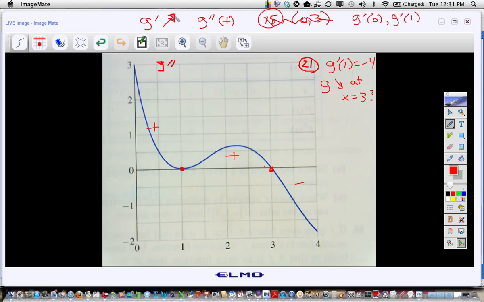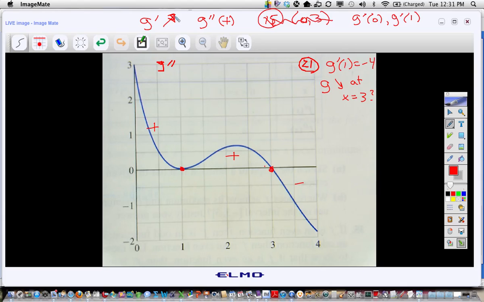Increasing, straight from the chart. Since G double prime is positive all the way till 3, G prime is increasing. So therefore, the G prime y-values at 0, at 1, at 2, at 3 have to be getting bigger.